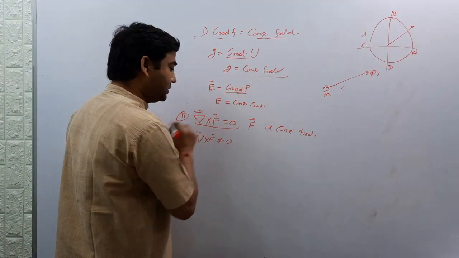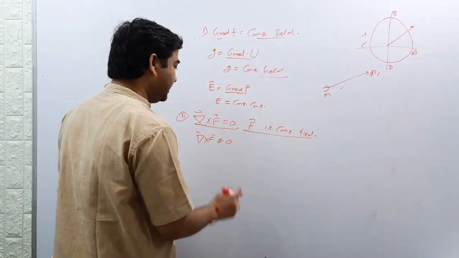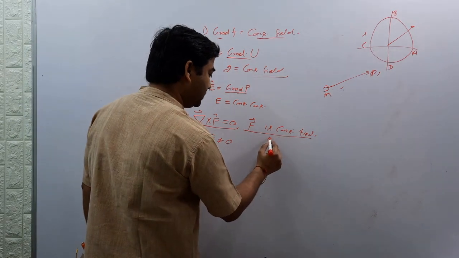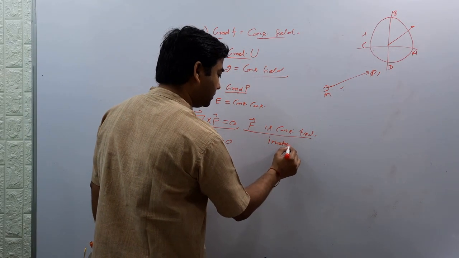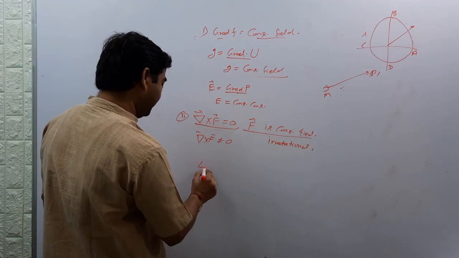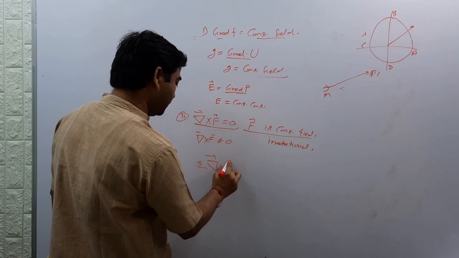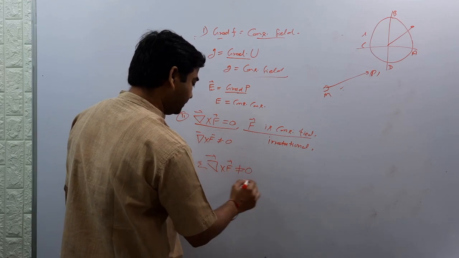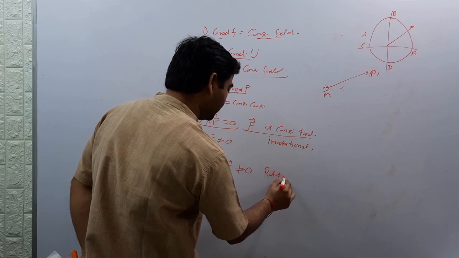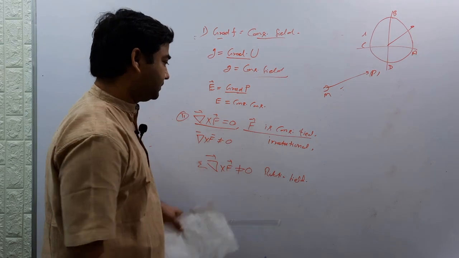But if curl is 0, then definitely F is a conservative field. If the curl of a vector is 0, it is conservative and also irrotational. And if the curl of a field is not 0, it is called a rotational field.